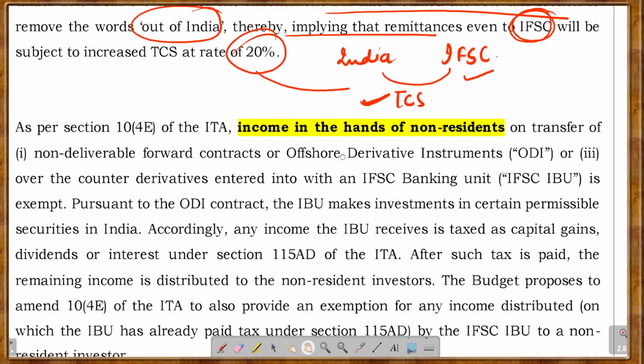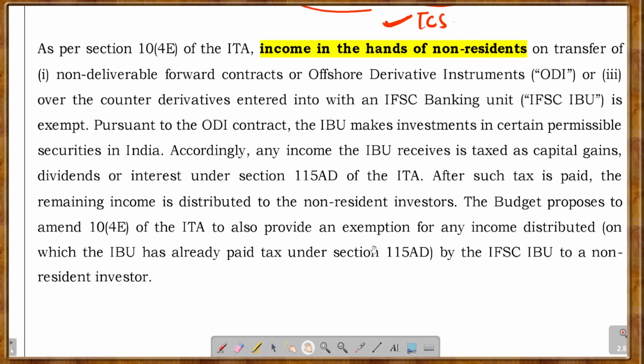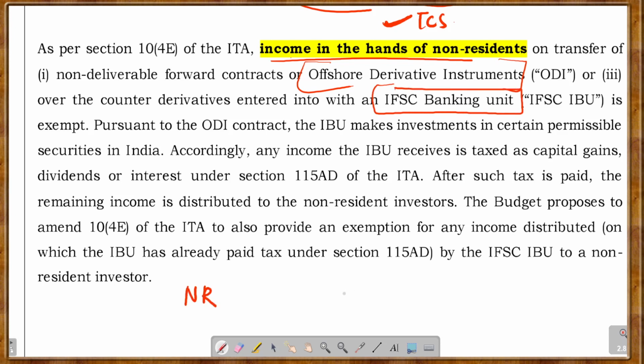Now next is this, some offshore derivative instruments. Any income in the hands of non-residents because they have transferred this offshore derivative instrument, right, which was entered within an IFSC banking unit. This means one party was a non-resident and the other party was the IFSC banking unit.